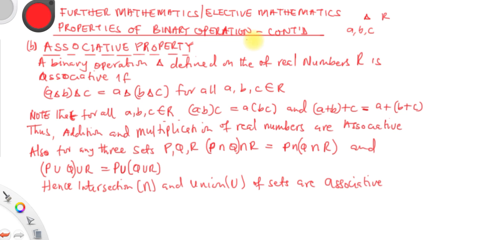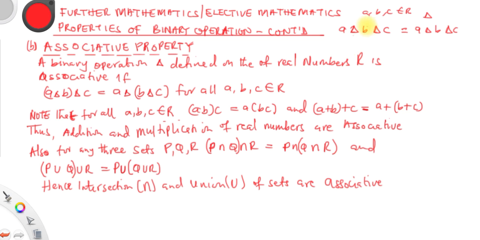So if you have this operation triangle, it is associative if, taking any three elements A, B, and C, they could also be X, Y, Z or T, M, and R, from the set of real numbers, with the operation triangle, we can write A triangle B triangle C. If this is equal to the same thing, A triangle B triangle C, with brackets placed differently.